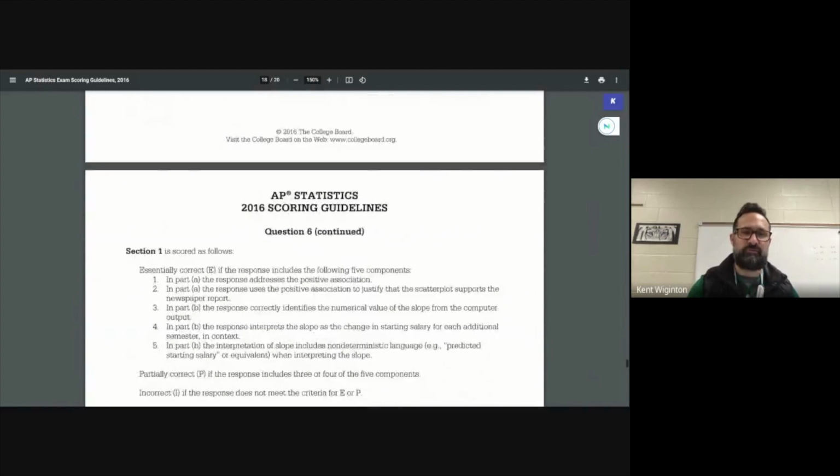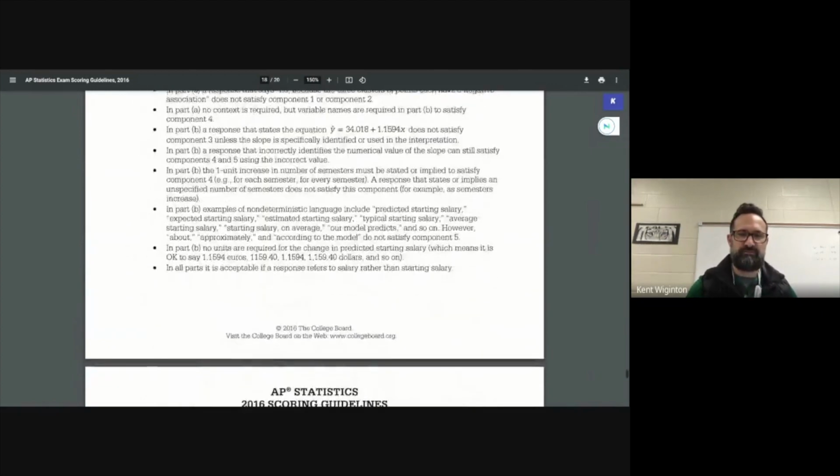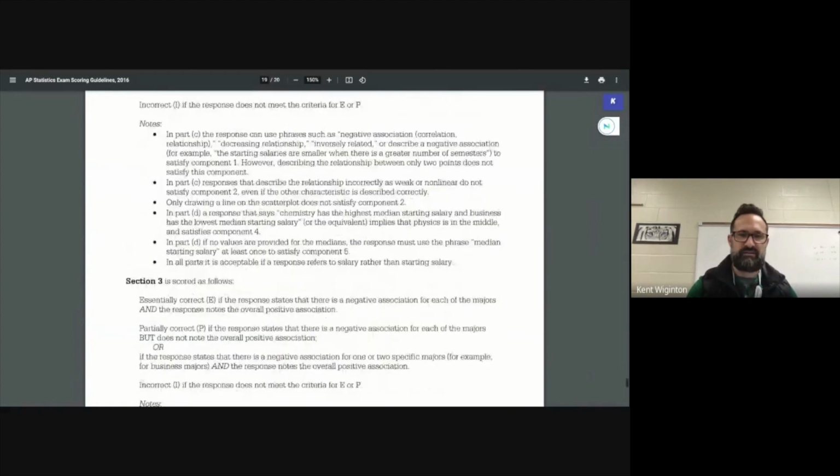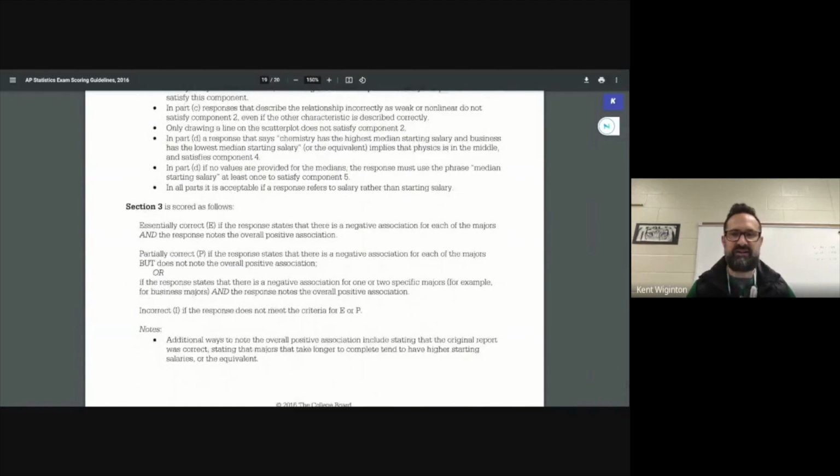To get full credit for Part E, and it's all by itself, you had to state that there was a negative association within the majors, and you had to state that the overall scenario was a positive association.